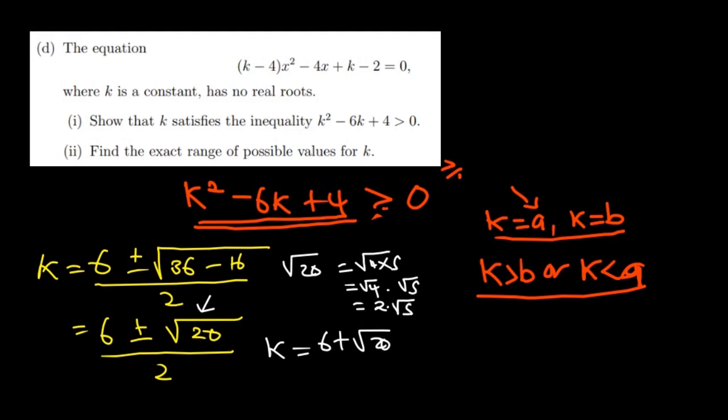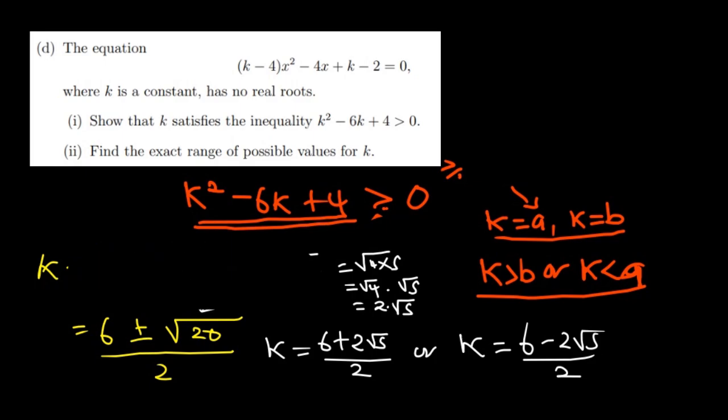So root of 20 is the same as 2 root of 5. I'm going to use that, but if you want, just leave it as the root of 20, there is no problem. So I'm going to use 2 root of 5, and this we are dividing by 2. This will be our first answer, and then our second answer is k equal to 6 minus 2 root of 5, divided by 2.